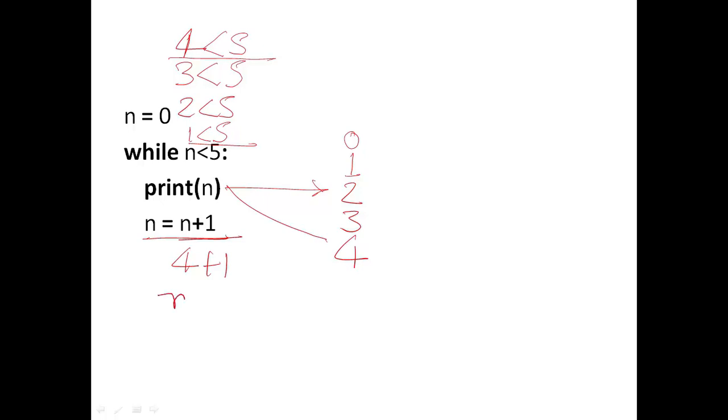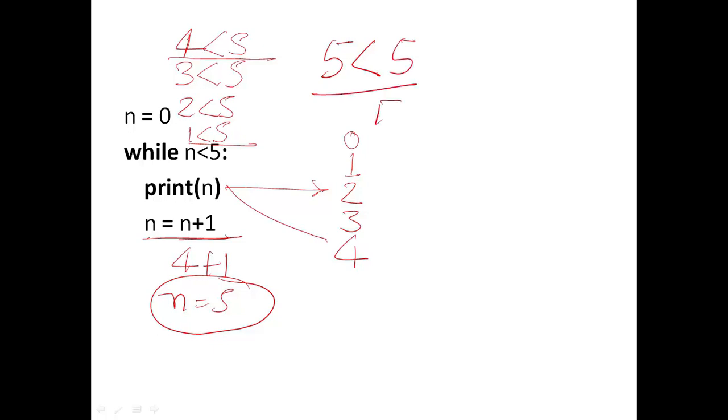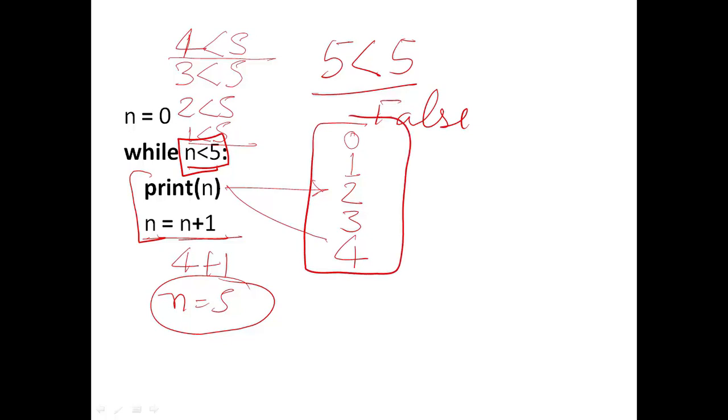Now it becomes 5, and we check the condition 5 is less than 5. This is a false condition. As soon as this expression evaluates to false, we will not execute the statements inside the while loop. That means the answer will be 0, 1, 2, 3 and 4. So that's how the while loop works in Python.